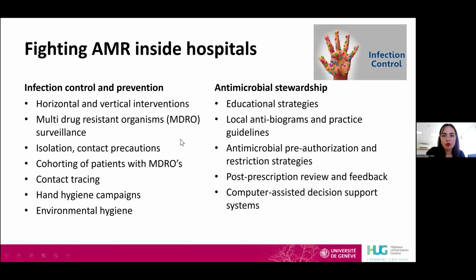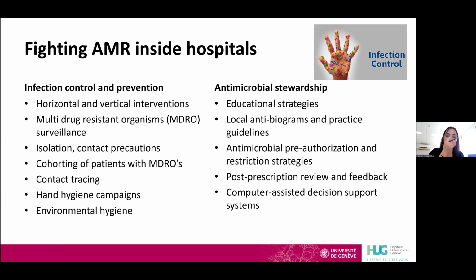So what do we do to fight AMR? There is a burden of AMR inside hospitals and outside hospitals. As a clinician, I'm mainly interested in what's going on in hospitals. And we have different interventions, mainly infection prevention and control and antimicrobial stewardship. By antimicrobial stewardship interventions, we try to improve prescription habits and align them with the local epidemiology.